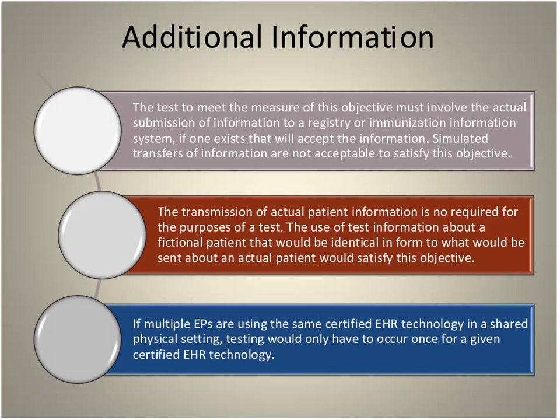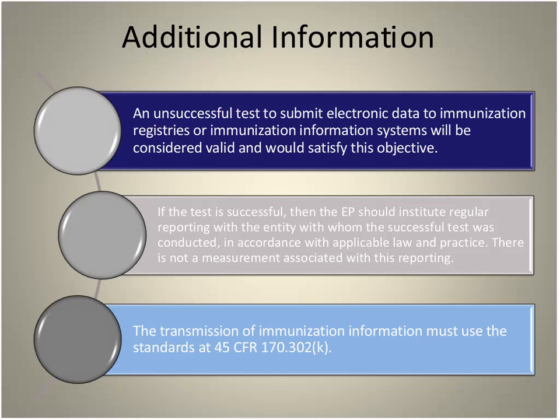If the practice tests at one time and they attest to that, that's good for all the eligible providers. Also, again, we run into that interesting fact that an unsuccessful test is valid and satisfies this objective. So the test does not even have to be successful. It makes me laugh. Maybe stage 2 is going to have to do it successfully, or maybe that's stage 1.5. I'm not sure yet.